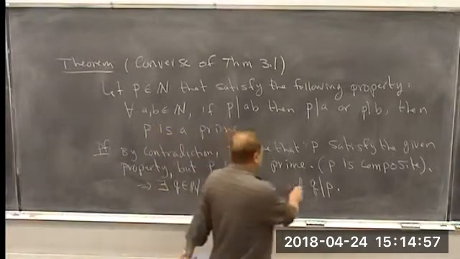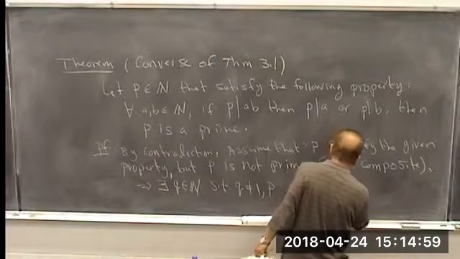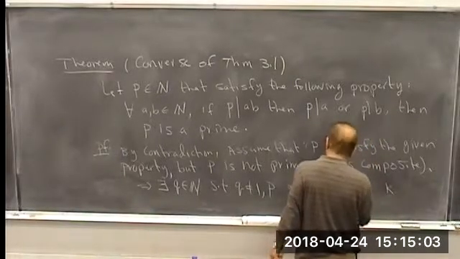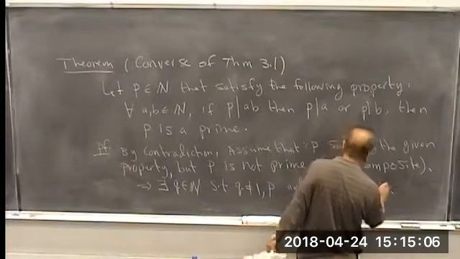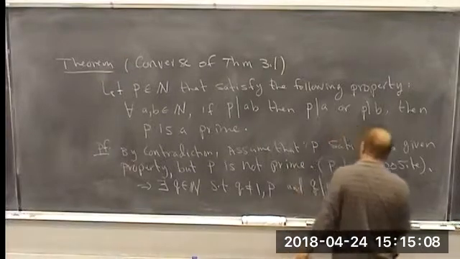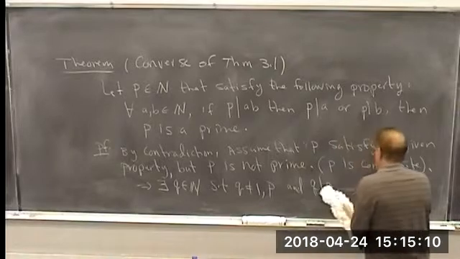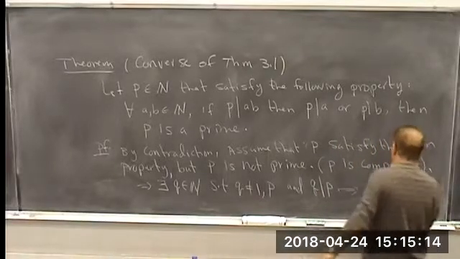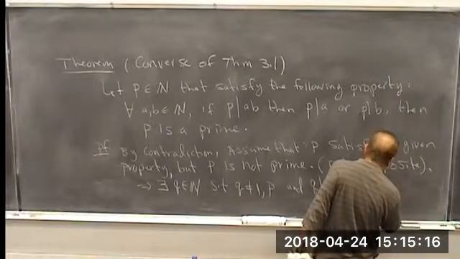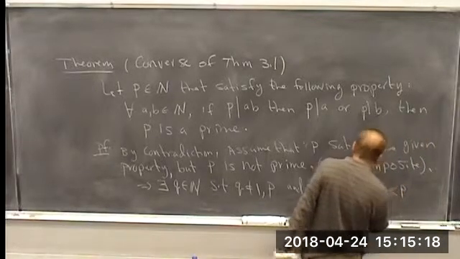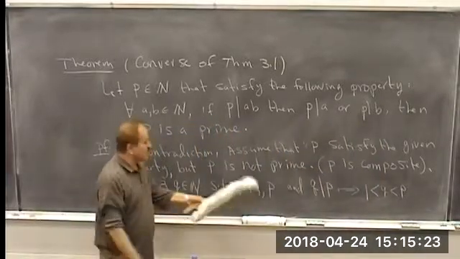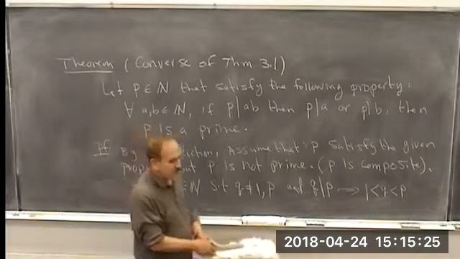If Q divides P, this implies that Q is positive, a natural number. So this means that Q is going to be smaller than P and bigger than 1, all right? Because P is going to be a multiple of that.